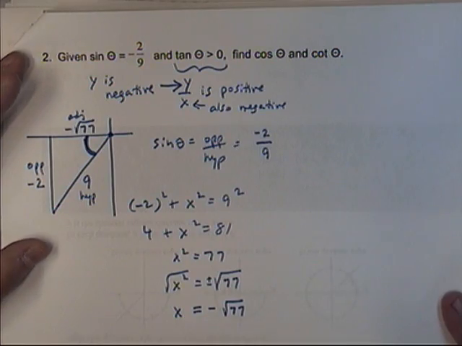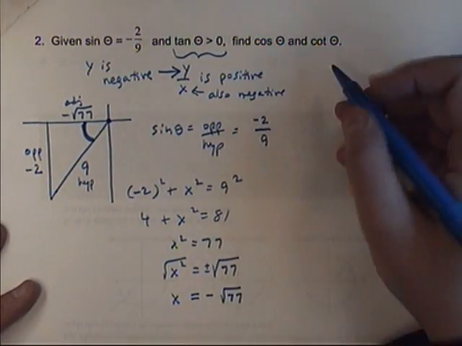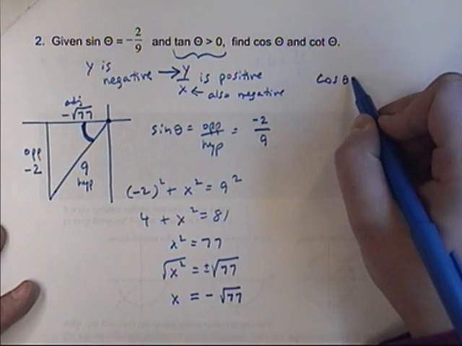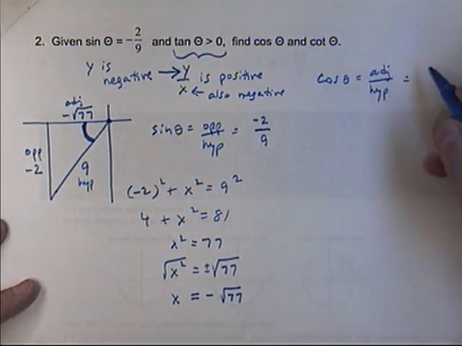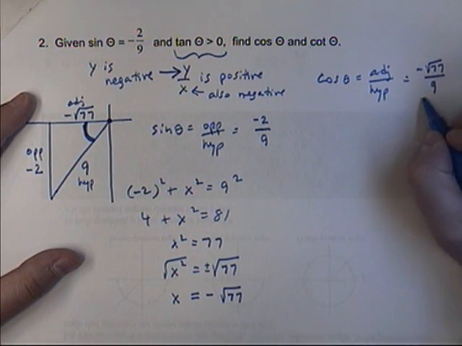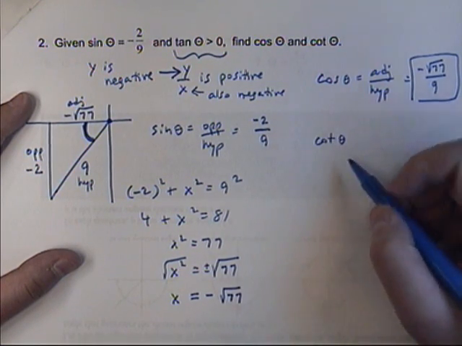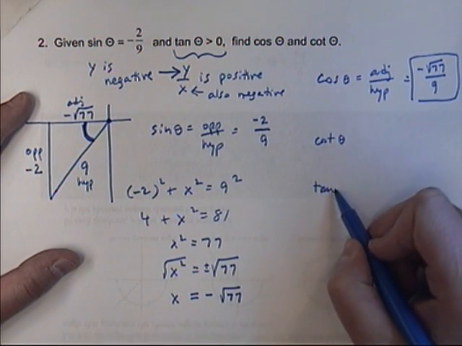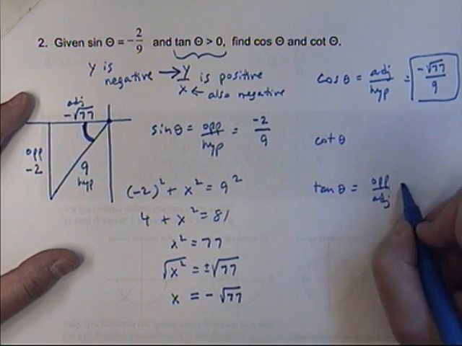All right, now I'm trying to figure out cosine and cotangent. So from all this information, what is the cosine? The cosine is my adjacent over my hypotenuse, which would be negative root 77 over 9. Now the cotangent is just the tangent upside down. Tangent is opposite over adjacent.